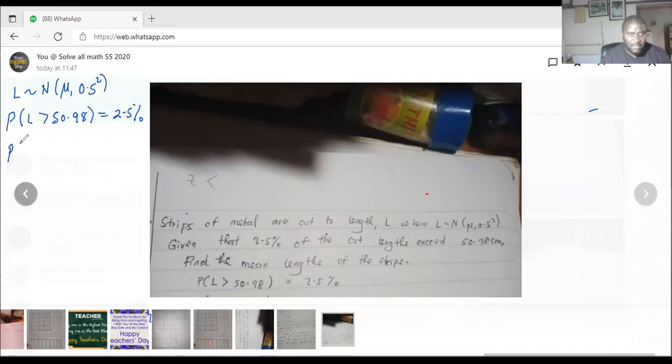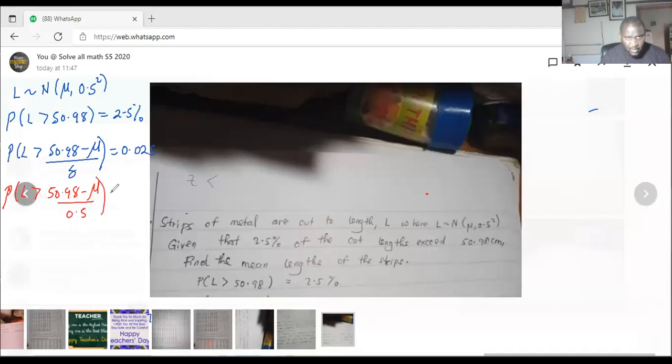So from here, remember, you have to standardize the length: 50.98 minus the mean mu over sigma. It's supposed to give us 0.025. That is the situation. Then we shall have the probability of L greater than 50.98 minus the mean mu over sigma, which is 0.5, is equal to 0.025.